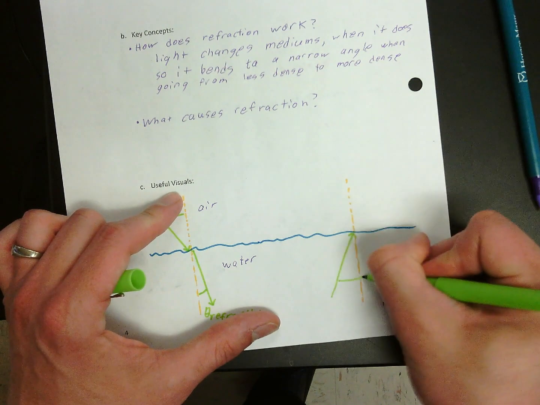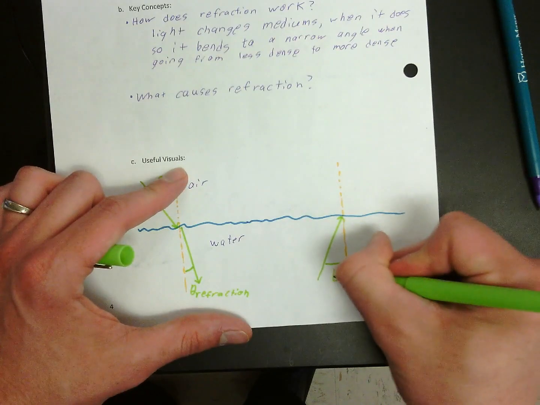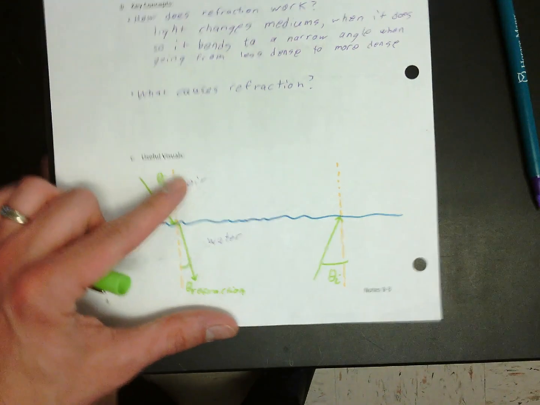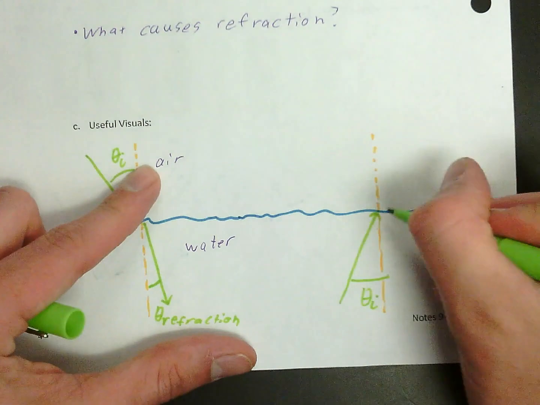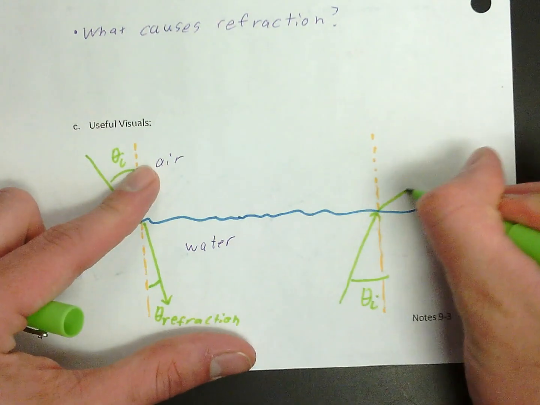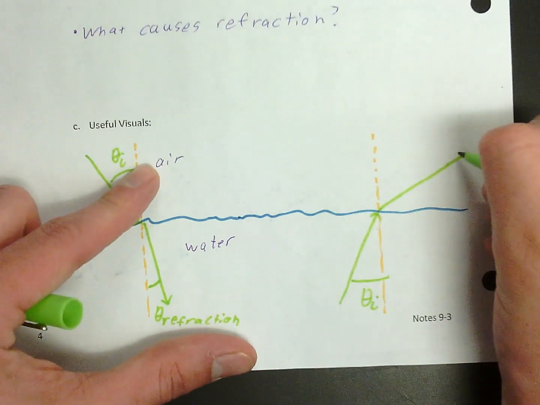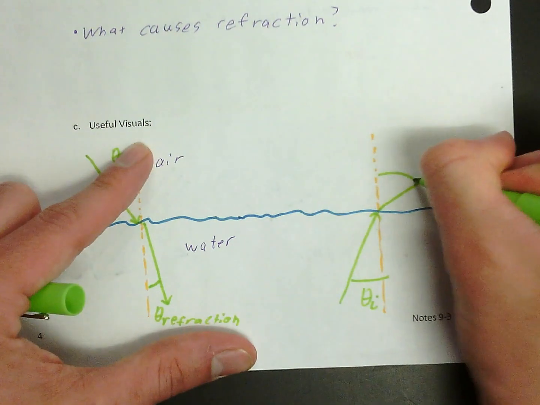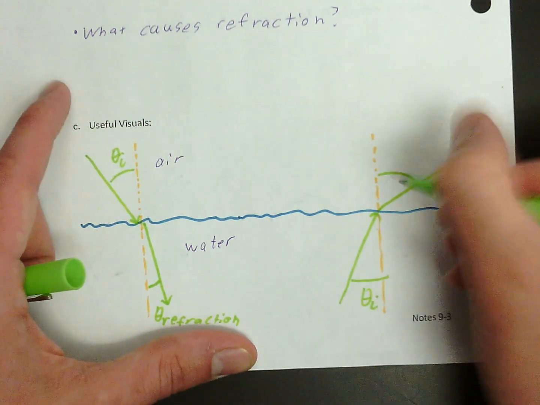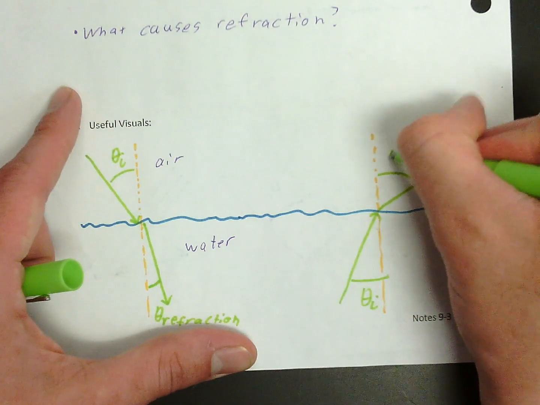So here's the angle of incidence. It's going to bend to a wider angle. Again, that angle's always measured from the normal. So even though it seems narrower here, it's actually wider overall.